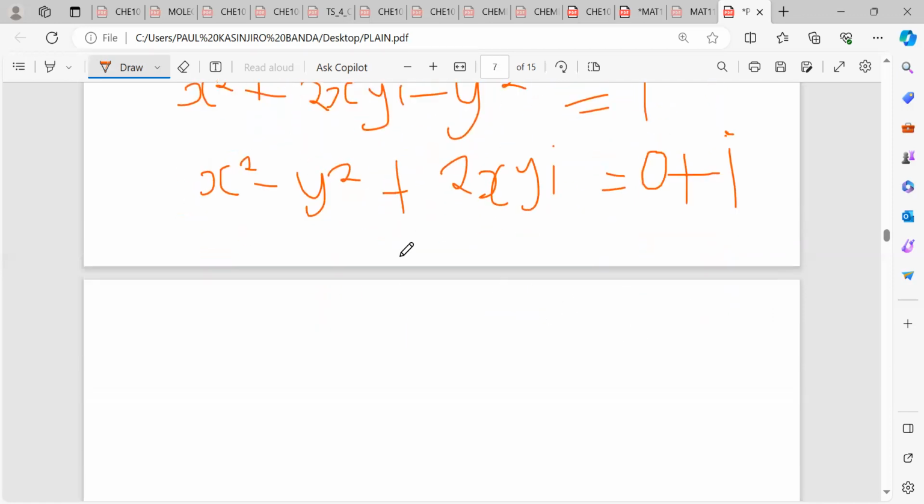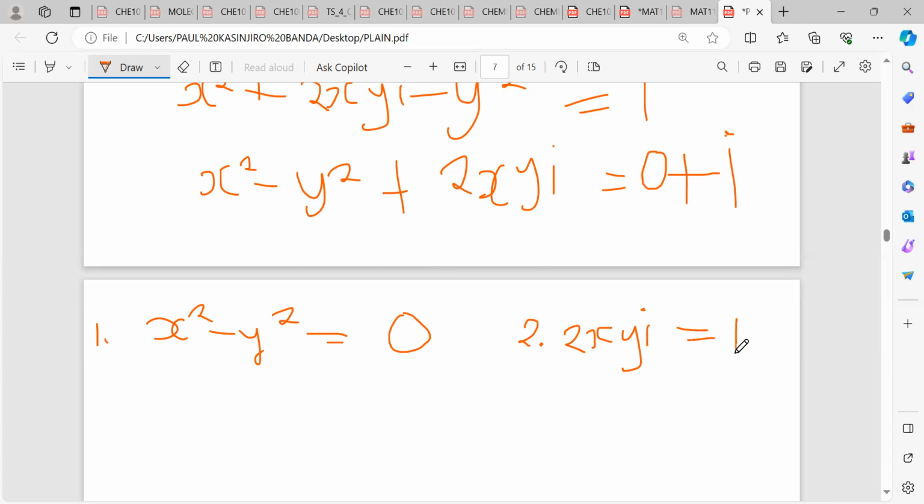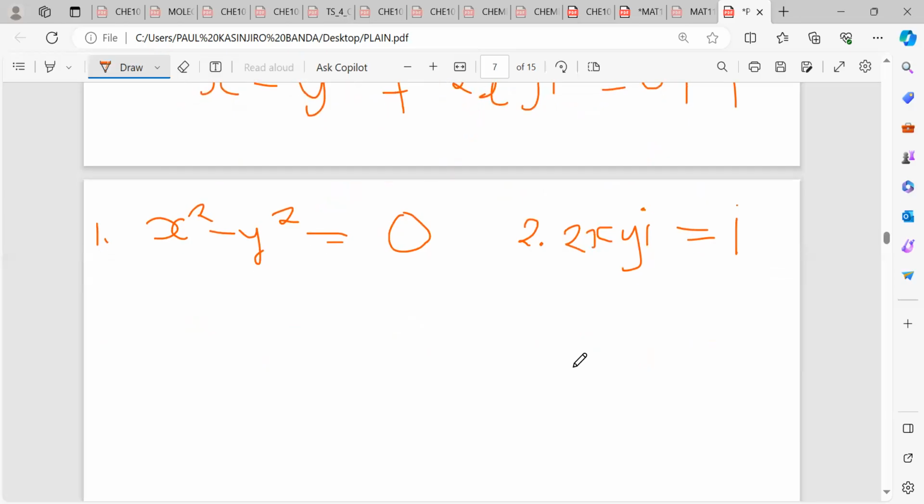Our first equation will be x squared minus y squared is equal to zero, because the real part on this side of the equal sign is zero. The second equation would be 2xyi is equal to i, so whatever is in front of this i is equal to whatever is in front of the i here.